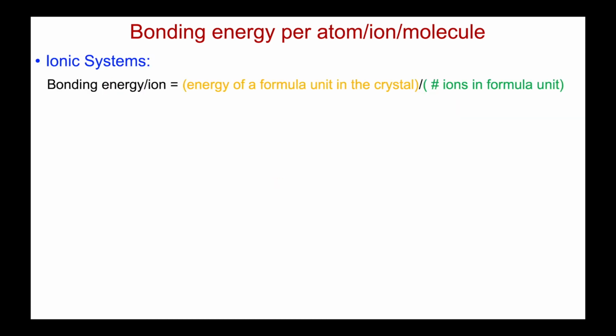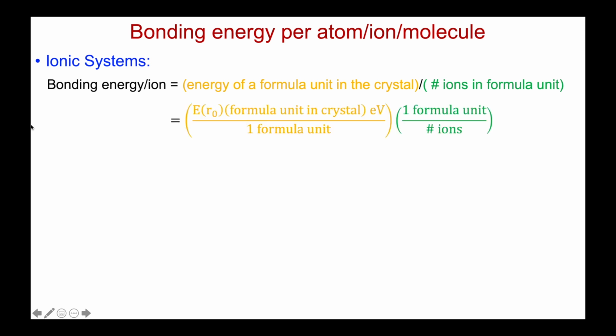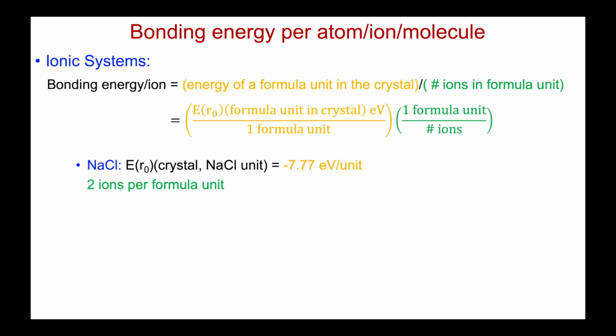Now for ionic systems, again we've got to be a little bit careful. The bonding energy per ion is the energy of a formula unit in the crystal divided by the number of ions in that formula unit, as shown in this equation. Let's use an example.